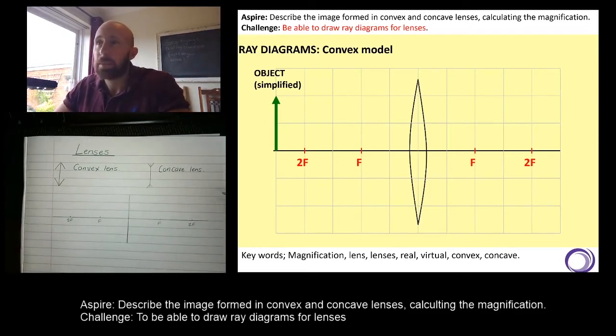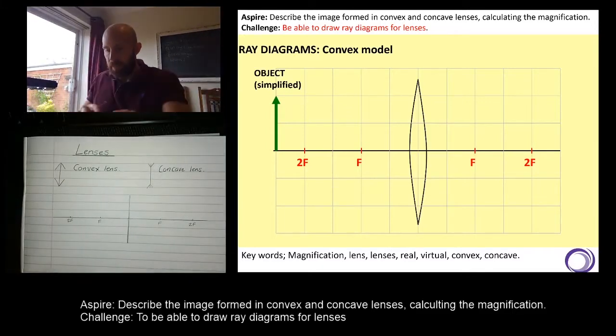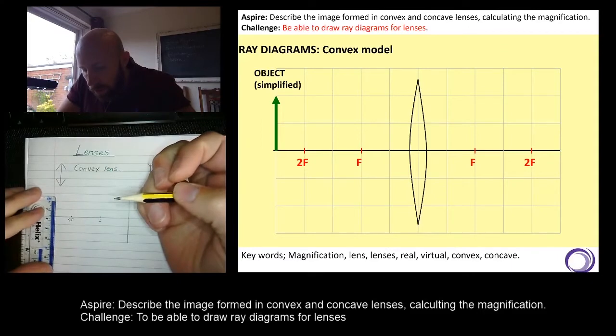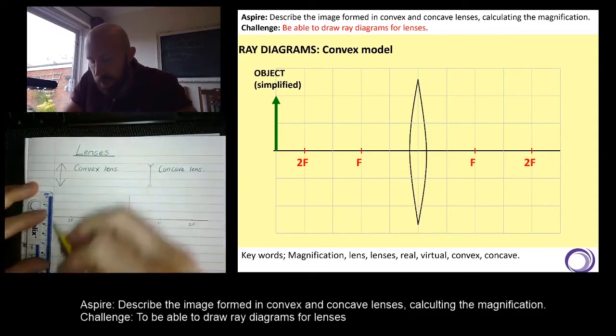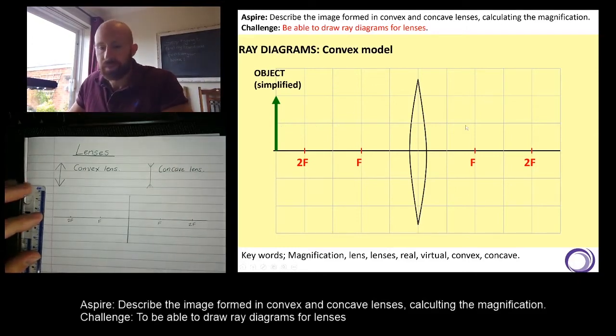The arrowhead is really important because it tells us which way up the image is. I'm going to use centimeters, so I'm going for a 2 centimeter object. Where it is is really important. You can see that this object is described as being beyond 2F, which means it's further away than 2 focal distances.